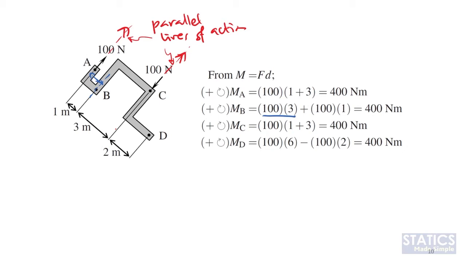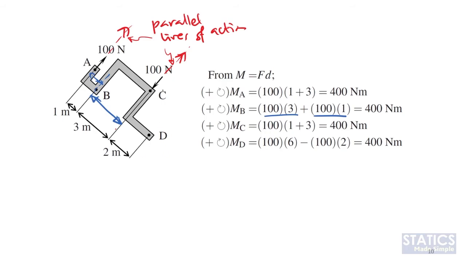Then we have another 100 Newton times the perpendicular distance, which is equal to 3. So 100 times 3. Again, the rotation about point B is clockwise, so we have a positive sign here. We add these two terms together, and we end up with the same 400 Newton meter.